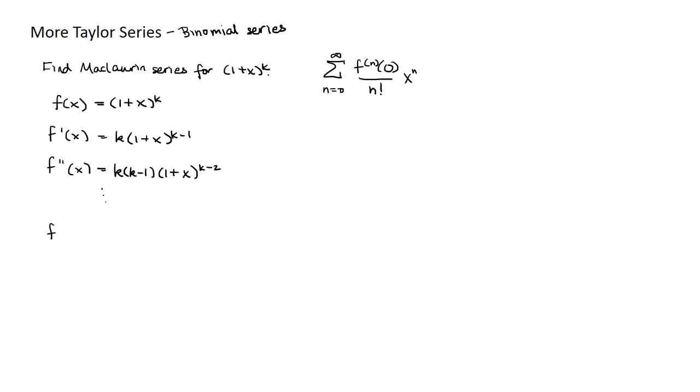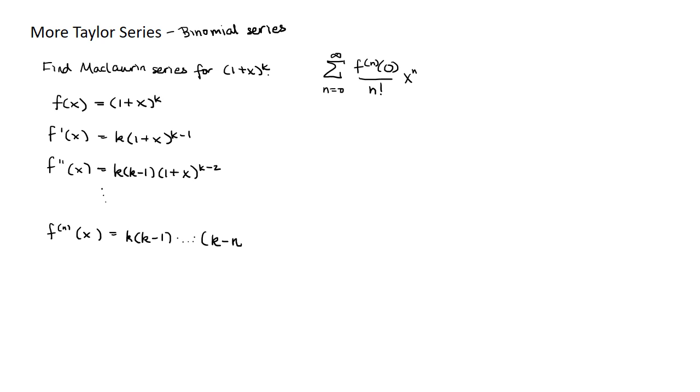So the nth derivative is k times (k-1) all the way down to... I want this to match up, so when I took the second derivative I took k minus 1.